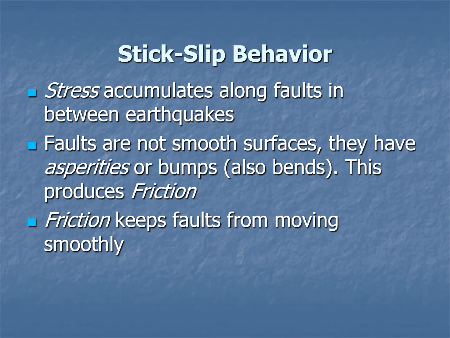Okay, why? Because the friction keeps the faults from moving smoothly. So you go longer periods of time in between earthquakes because of the friction. But the problem there is that the longer time you go in between earthquakes, the larger that next earthquake is going to be. So this is the stick part of stick-slip behavior.